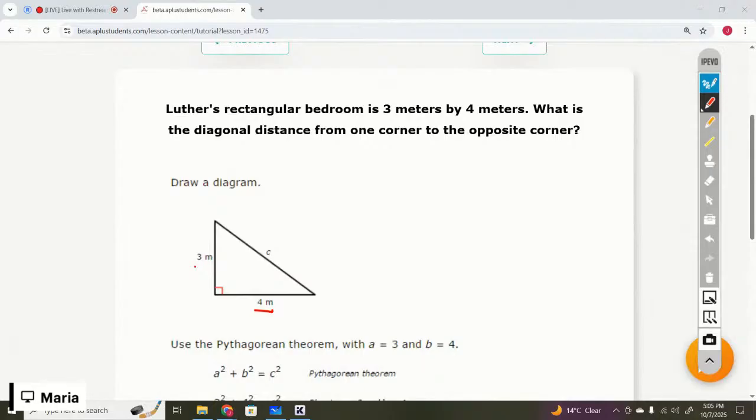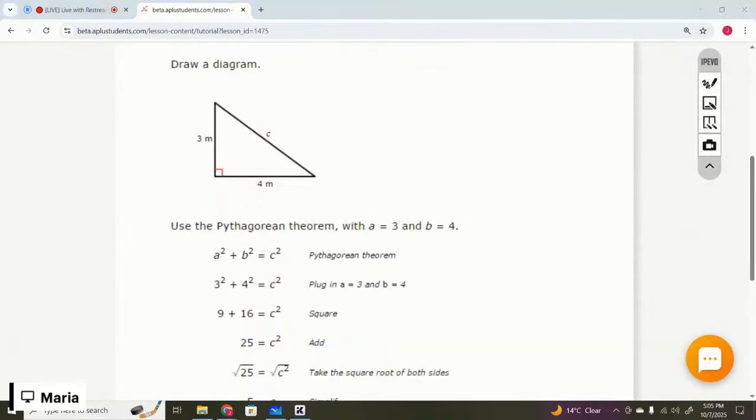Right angle triangles can be solved by using the Pythagorean theorem. The Pythagorean theorem: c square equals a square plus b square. C is the hypotenuse, so hypotenuse square equals opposite square plus base square. So 3 square plus 4 square. 3 square is 9 and 4 square is 16. So 9 plus 16 is 25. So C square equals 25.